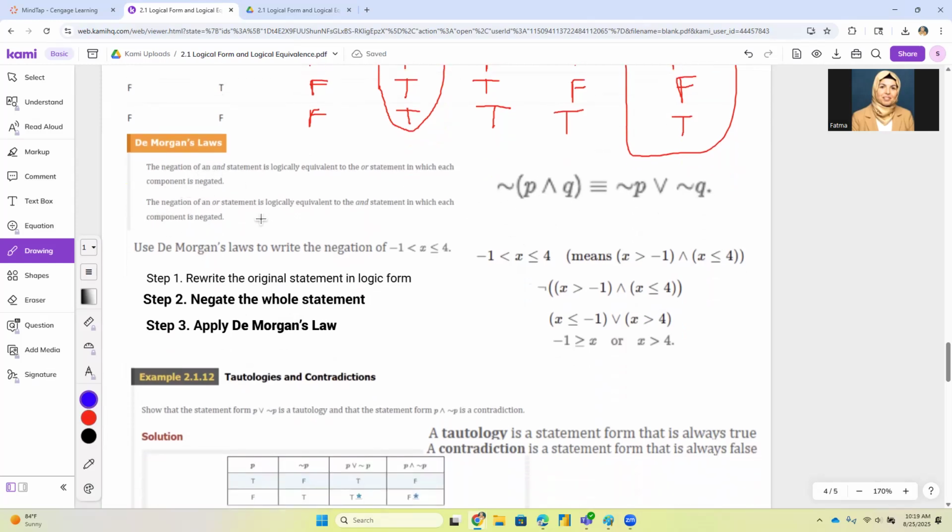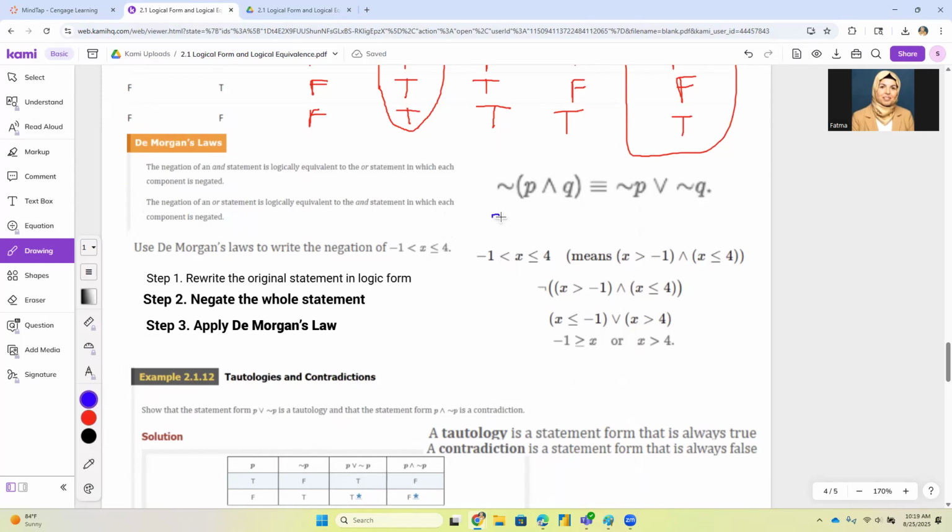Again, De Morgan's law is also correct for an or statement. Whenever you negate an or statement, you must change your or symbol to an and symbol, and you have to negate each component as well. So I will also just include it here because I was missing it.